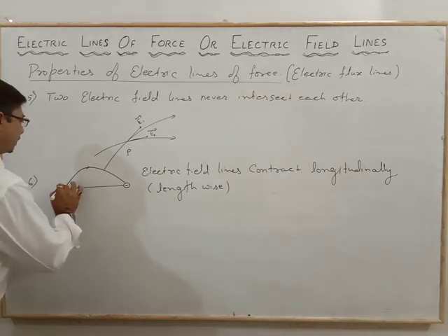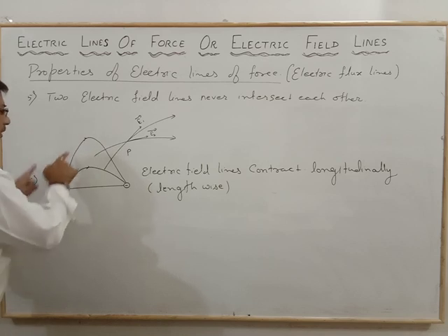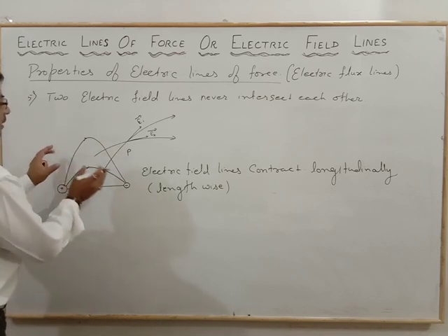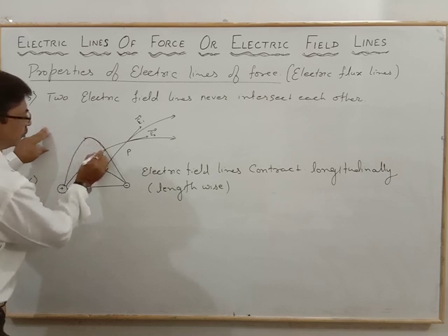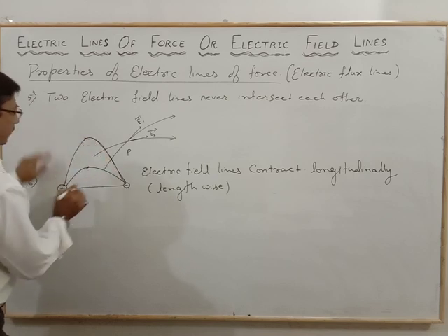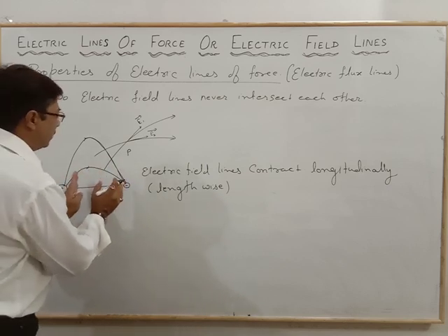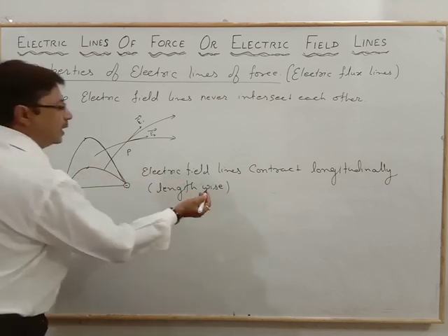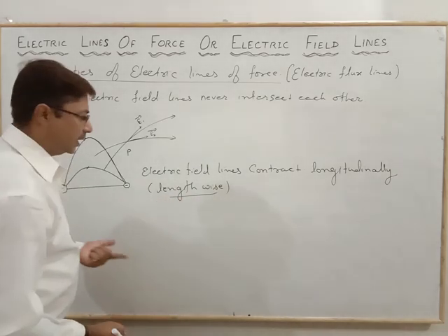The contraction means the path from the positive to the negative, it will arrange its path to move to the negative from the positive, and for that it will contract, and the contraction will be lengthwise. So the electric field lines contract longitudinally.